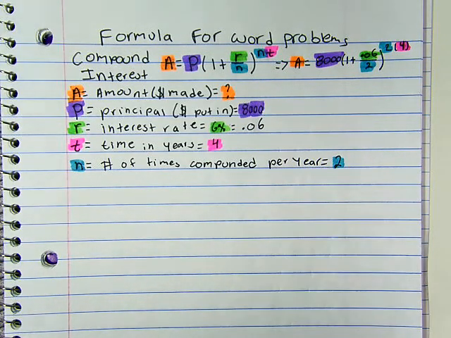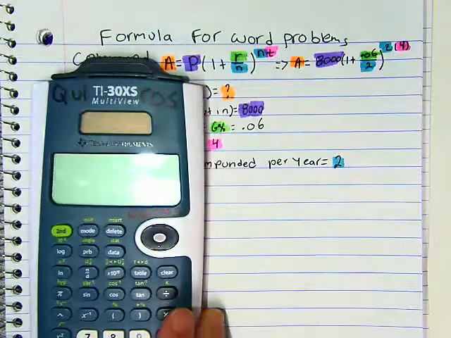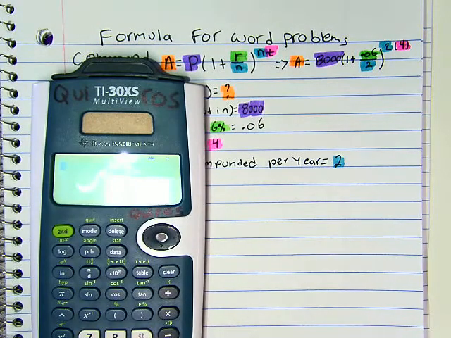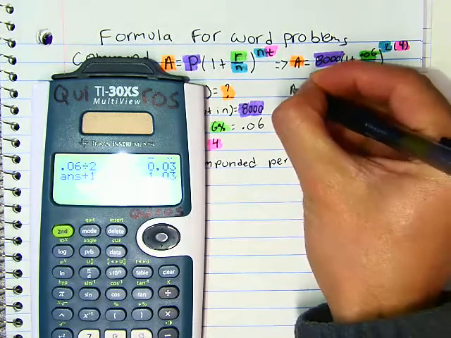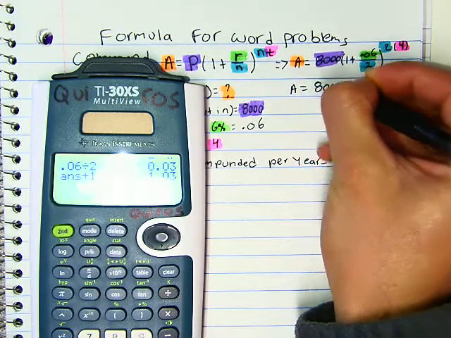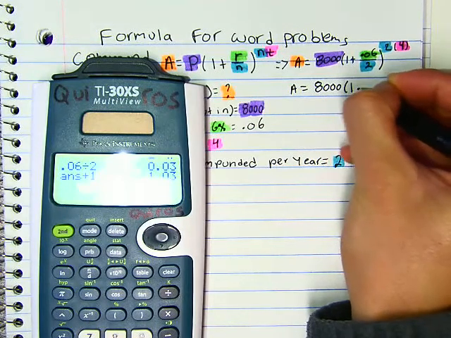So remember, in order of operations, the first thing that we want to do is start off with our parentheses. And inside the parentheses, we're going to do 0.06 divided by 2, and we get 0.03, and we add 1. So now we're going to have A is equal to 8,000 times 1.03.